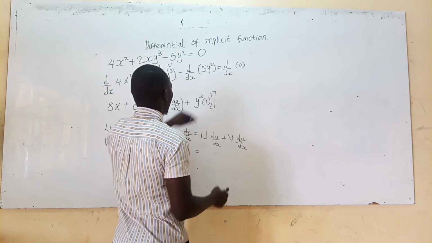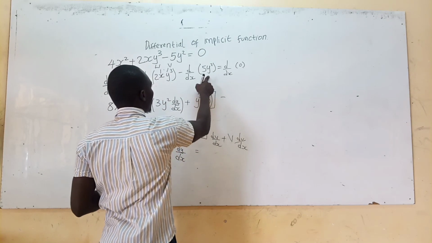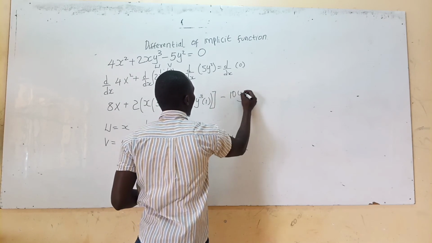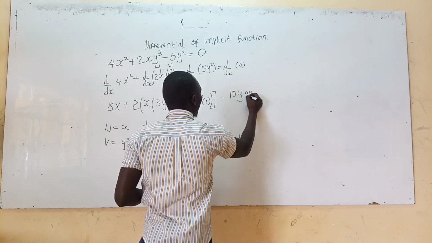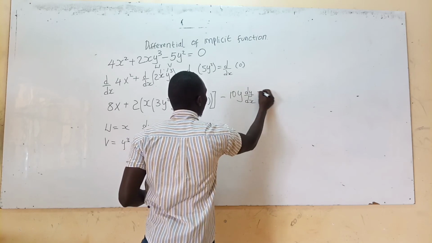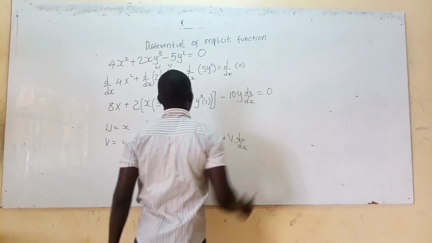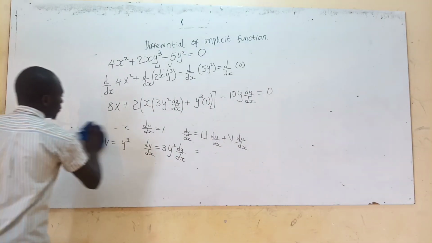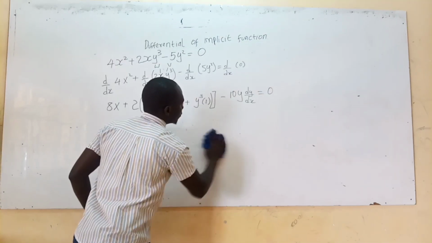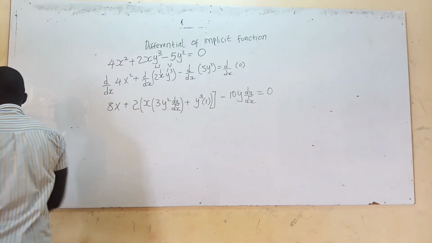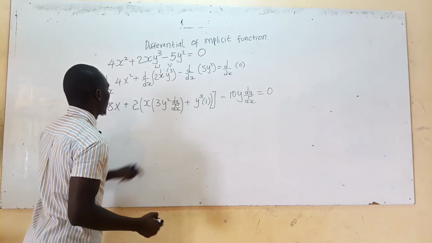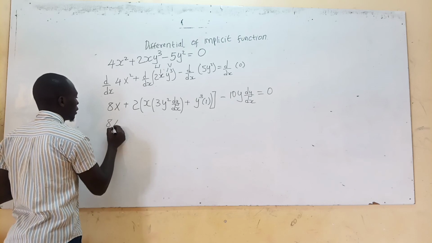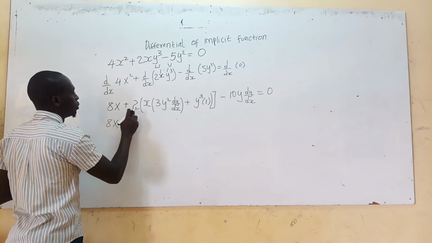Let us now come and have our differential here. Since this one is a term of y, we are going to have 10y dy with respect to dx is equal to 0. Let us now simplify what we have here. And now we are going to have 8x and 2.